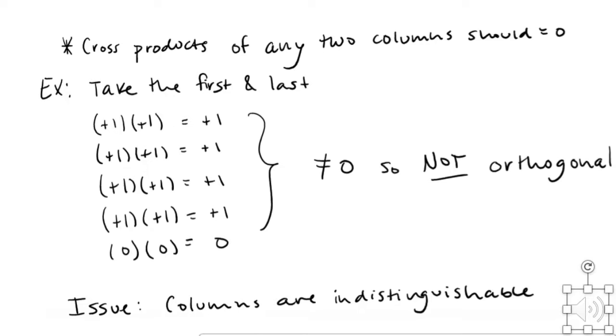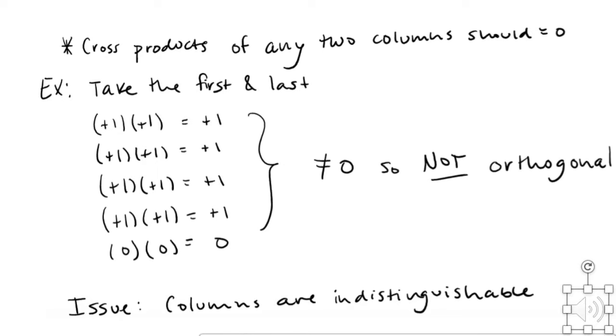Now we will do a similar analysis to what we did in example 7.2, and we'll be looking at the cross products of any two columns, because if the design is orthogonal, then the cross product should be equal to 0. So now we'll be taking the first column and the last column, which correspond to the intercept and one of the quadratic terms.